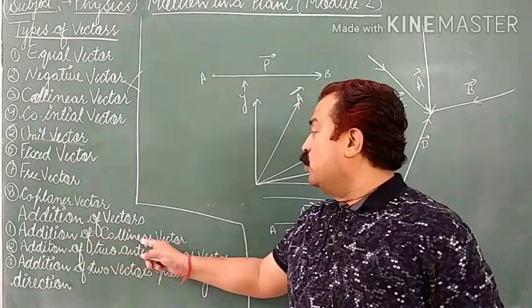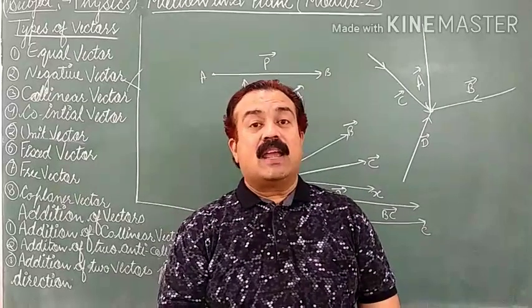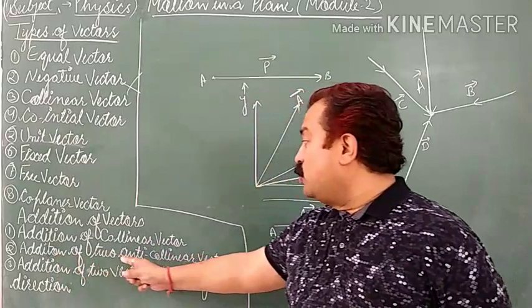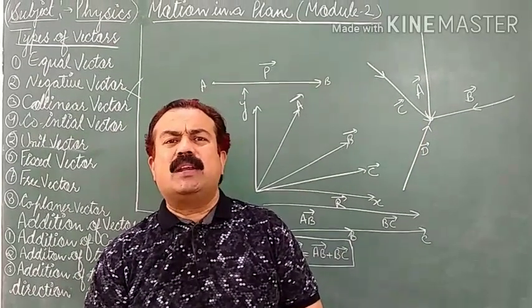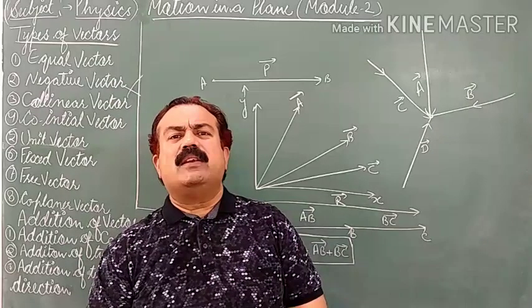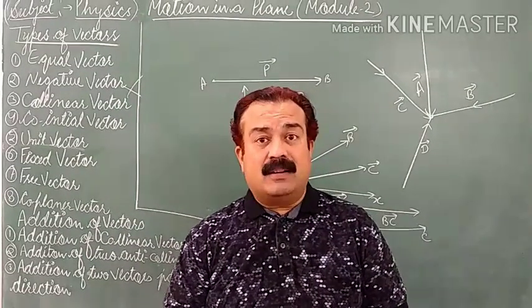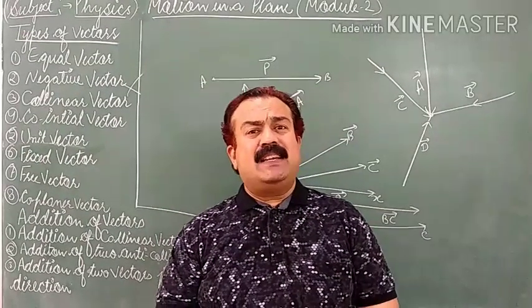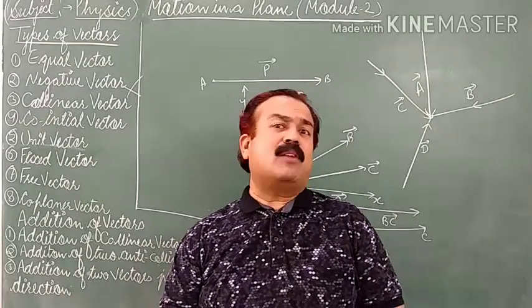addition of collinear vectors. Okay, now if we have addition of two anti-collinear vectors. What is the meaning of anti-collinear, beta? Anti-collinear means two vectors are anti-parallel, meaning they are parallel but lying in opposite directions. If these two vectors are lying in opposite directions, then how can we add them?